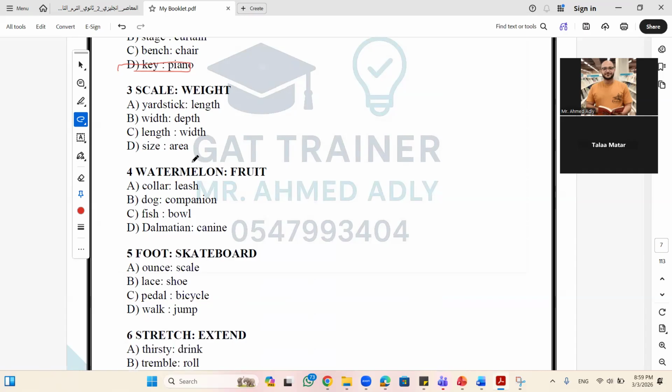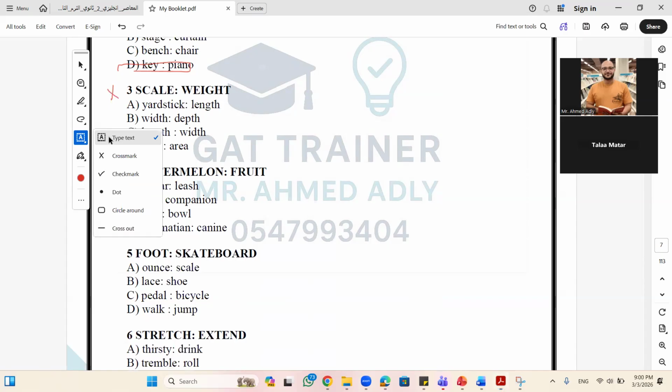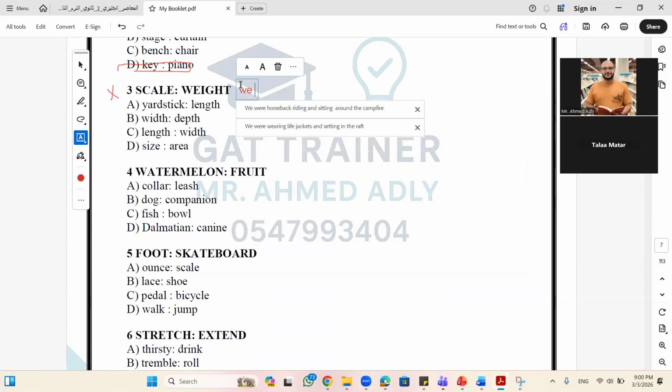Scale and weight is going to be size and area. Okay. Can you build the analogy relationship here? A scale. Build the analogy sentence. We use a scale to measure weight. Good job.